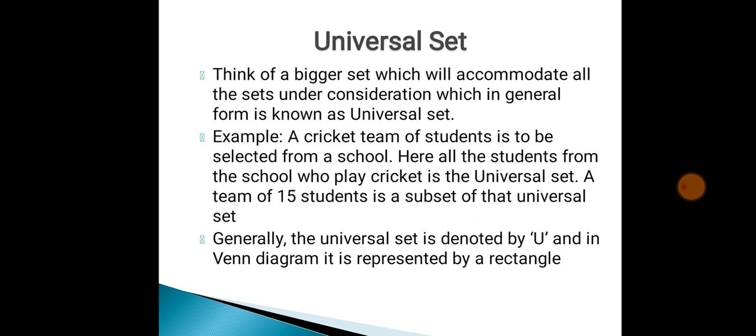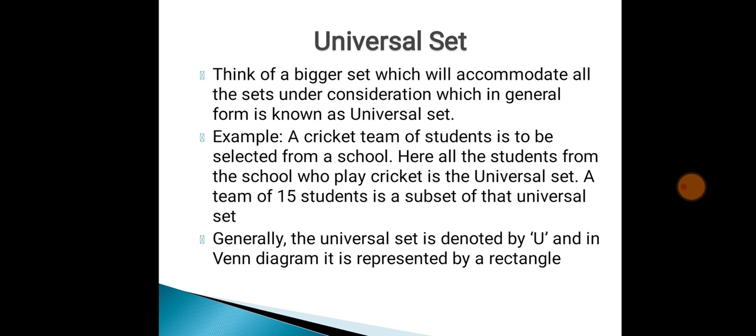Now let's see what a universal set is. Think of a bigger set which will accommodate all the sets under consideration, which in general form is known as the universal set. For example, a cricket team of students is to be selected from a school.